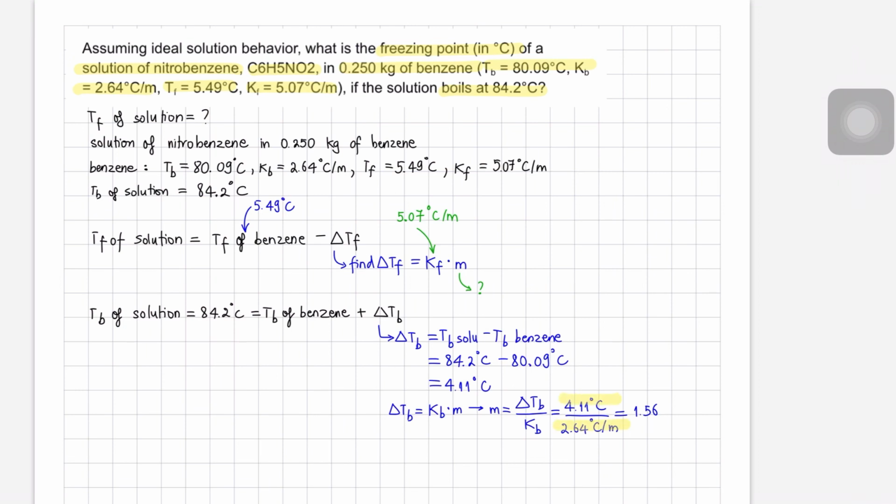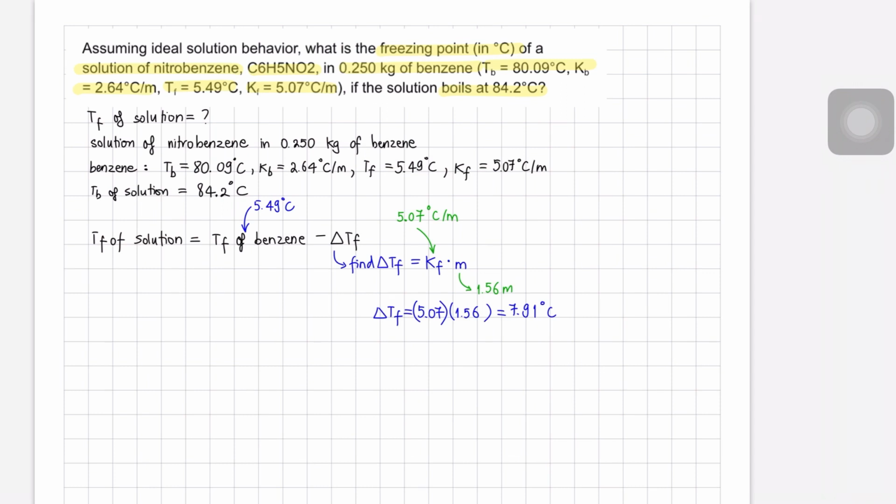That's going to give us 1.56. That's going to be the molality. So now circling back, the freezing point depression is going to be equal to Kf, which is 5.07, times molality, which we just found, 1.56. That's going to give us 7.91 degrees Celsius. That is the freezing point depression.